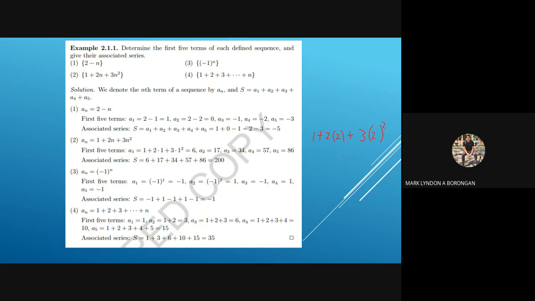If you perform the operations, you'll get 2 times 2, that is 4, plus 1 is 5, plus 3 times 4, that is 12. If you add them, you'll get 17.